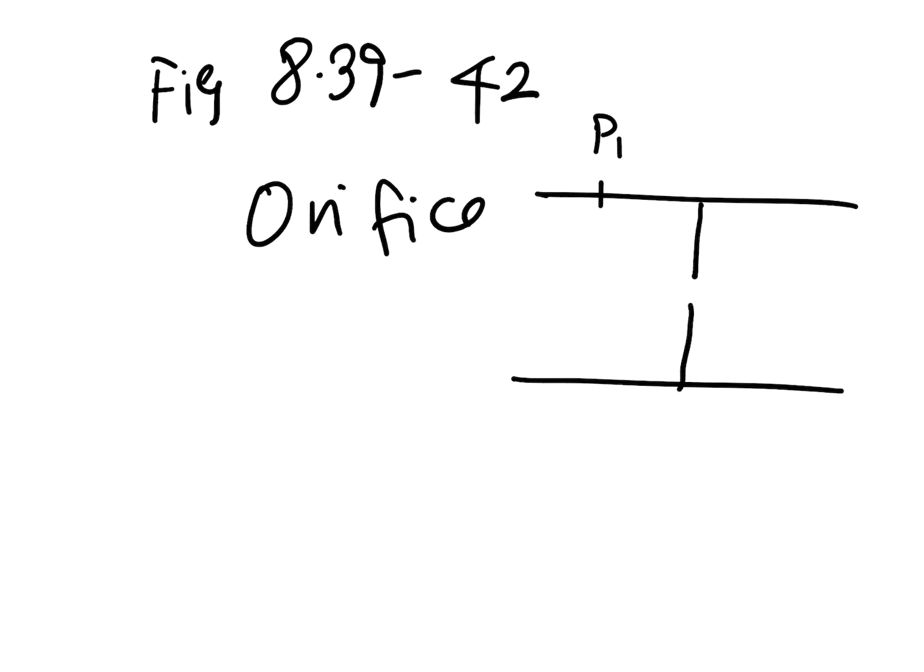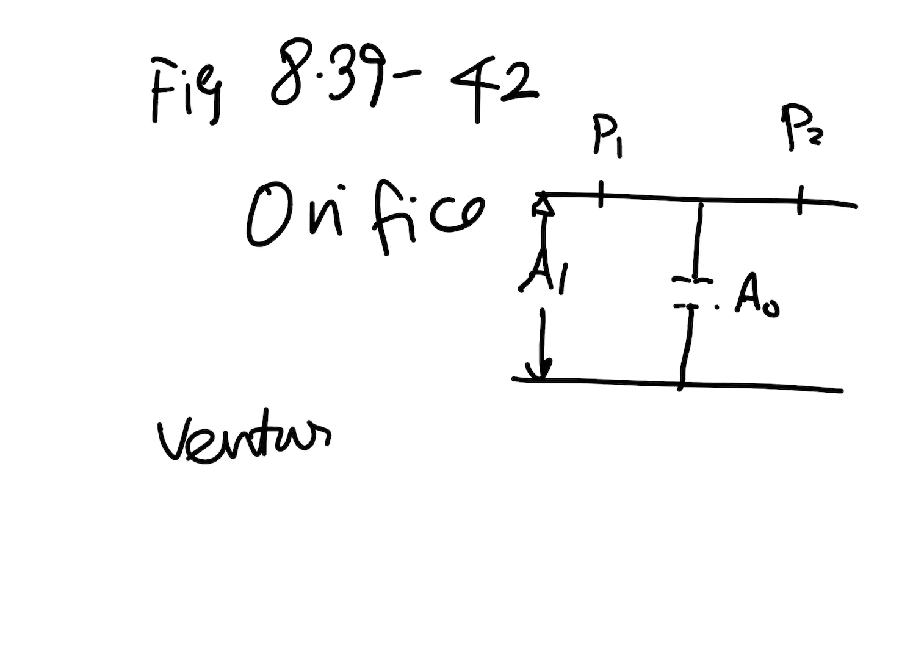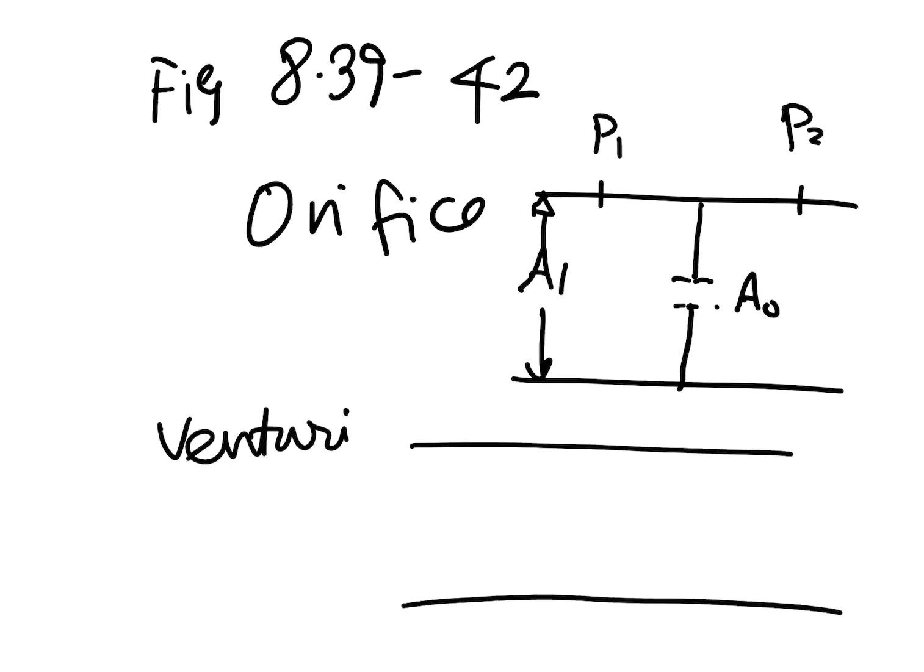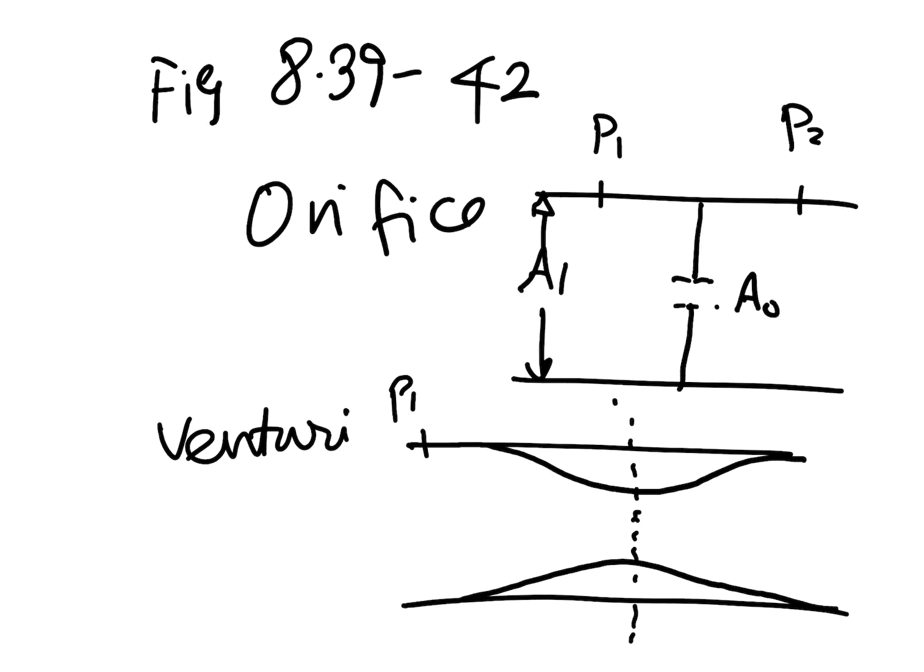You want to measure P1 and P2. The constriction is abrupt, A naught, A1. The other is that of venturi. A venturi is one where you have a flow constriction that is gradual. We record P1 here and P2 at the throat.